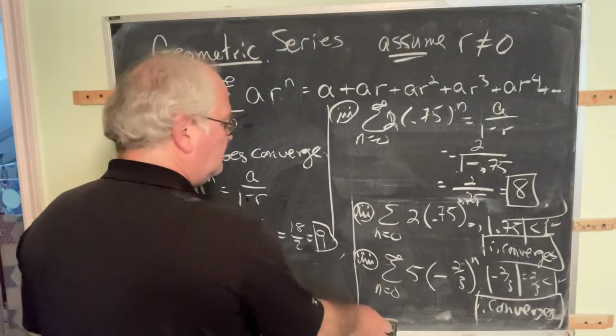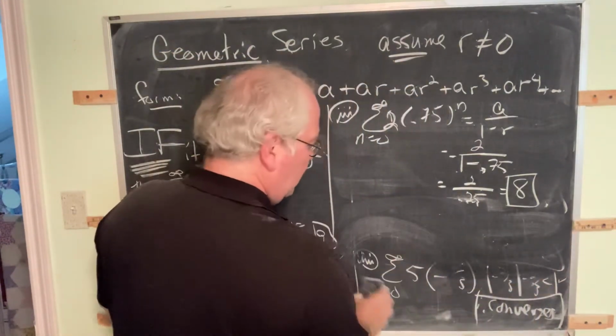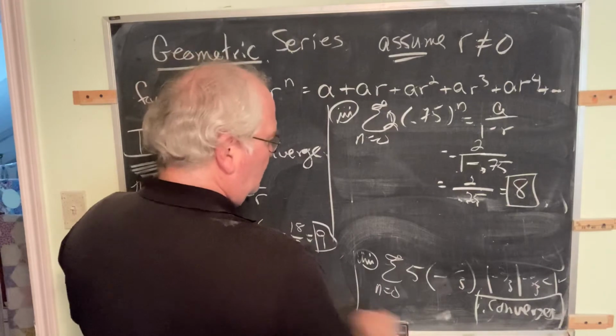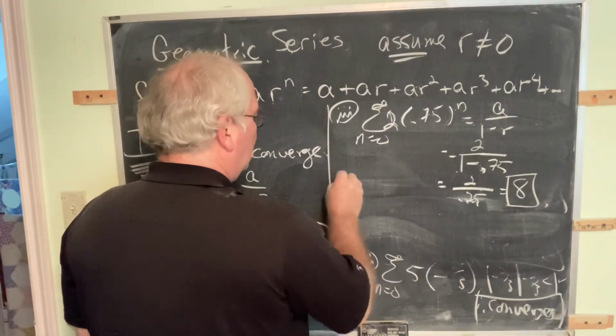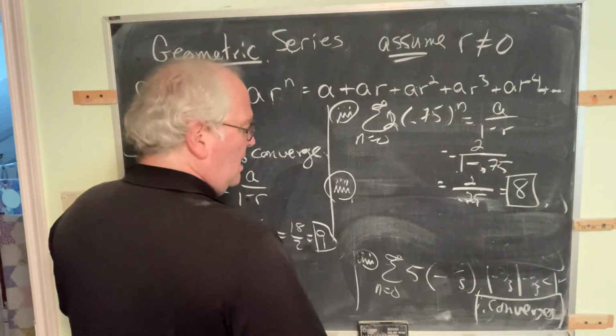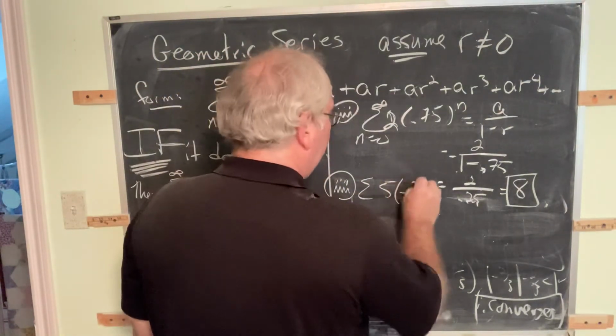All right? And then, sorry, this is number 4, isn't it? Number 4. We have the sum of 5 times negative 2/3 to the n.